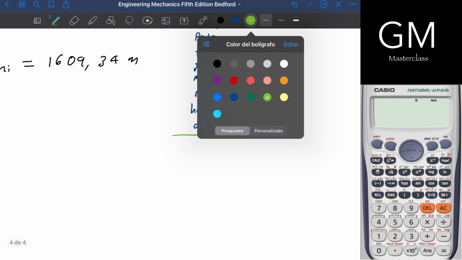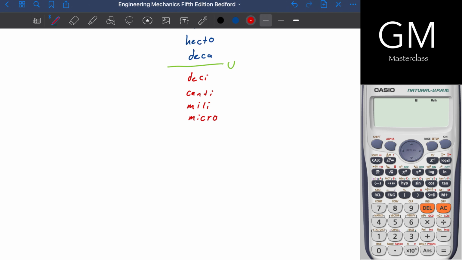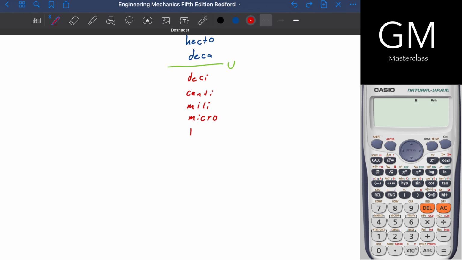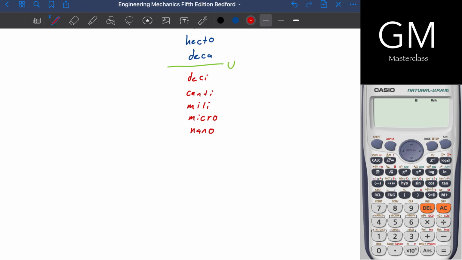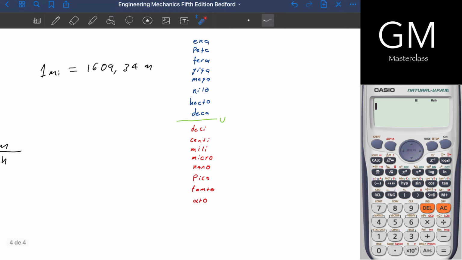And on the lower part of the chart we have deci, centi, milli, micro, nano, pico, femto, atto. Let me check that I have 8 prefixes on the upper side, 1, 2, 3, 4, 5, 6, 7, 8, and 8 on the other side, 1, 2, 3, 4, 5, 6, 7, 8.